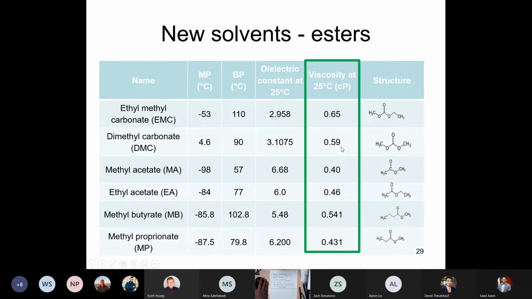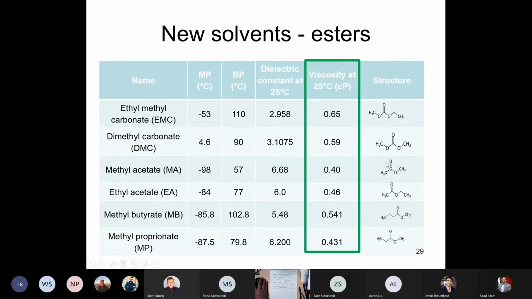And if you want to find solvents that are compatible with lithium-ion cells, at least to some degree, you can use these esters: methyl acetate, ethyl acetate, methyl butyrate, and methyl propionate. And of these, methyl acetate has by far the lowest viscosity. And it also is, of these, the most compatible, actually, with lithium-ion cells. So that turns out to be lucky.